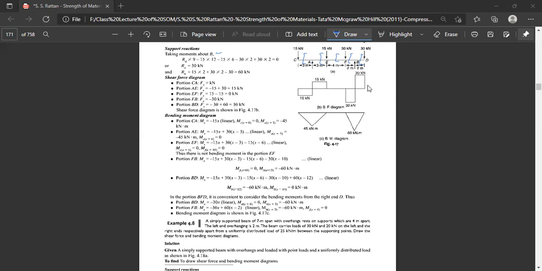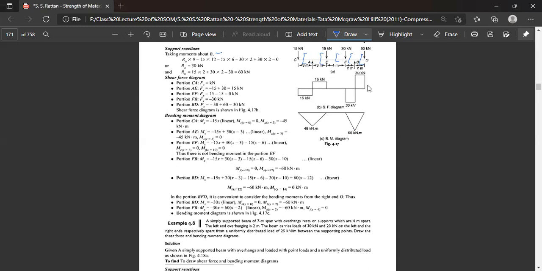After simplification, at the point B, when x is equal to 12, it becomes minus 60 kN·m. So here the bending moment rises in the negative direction, up to 60 kN·m.